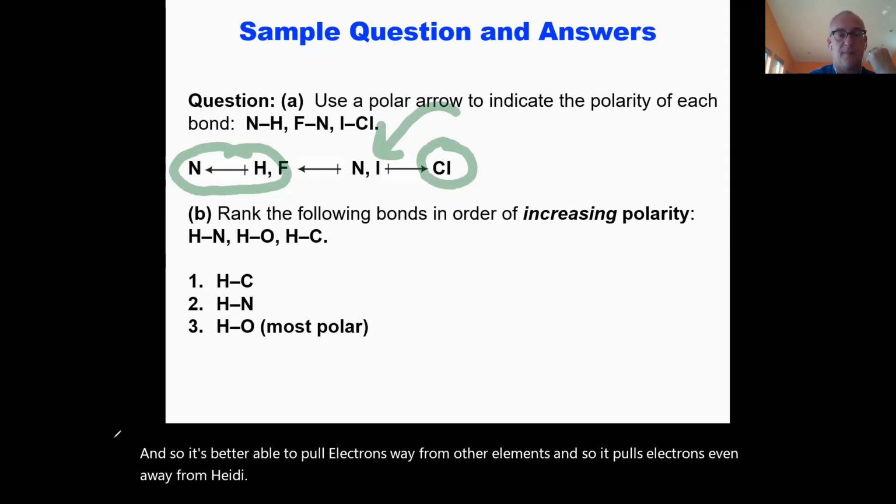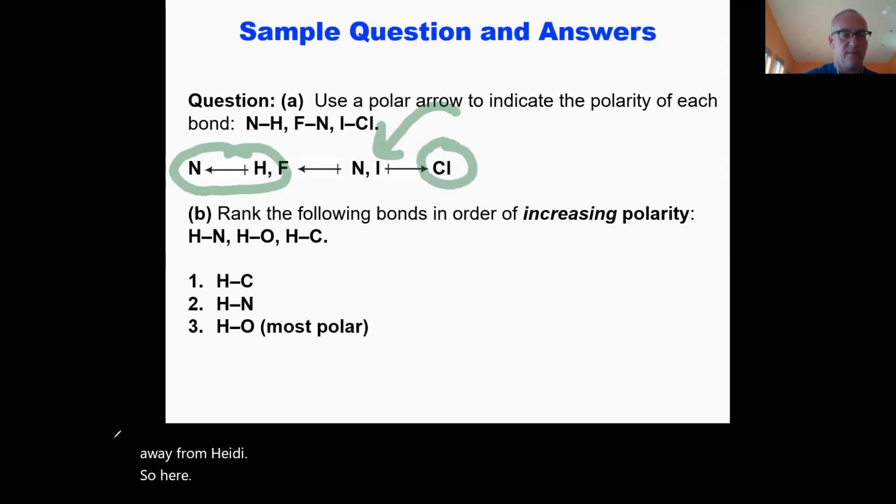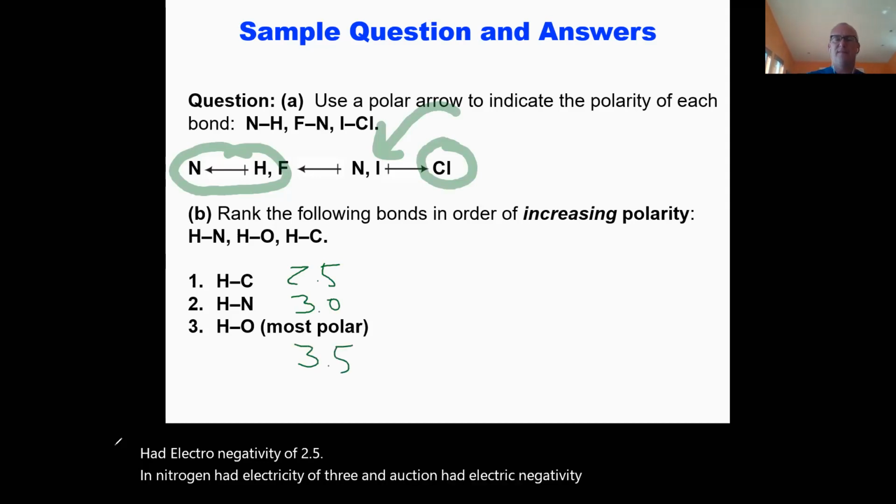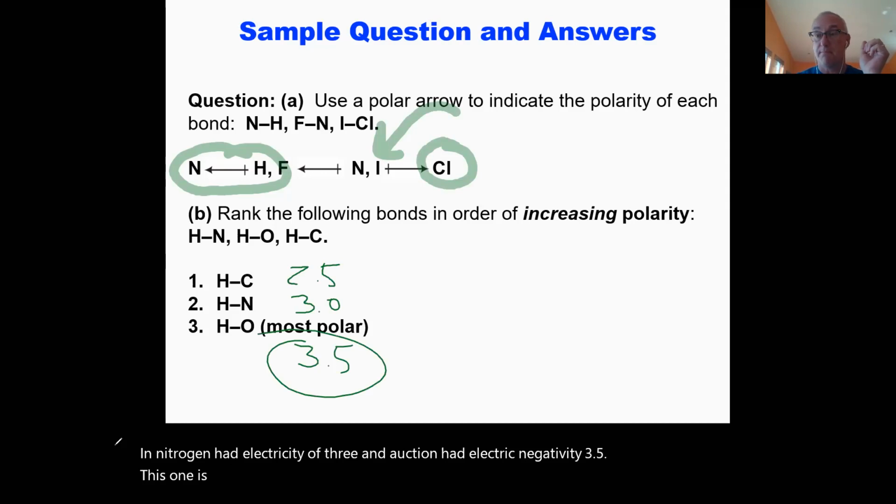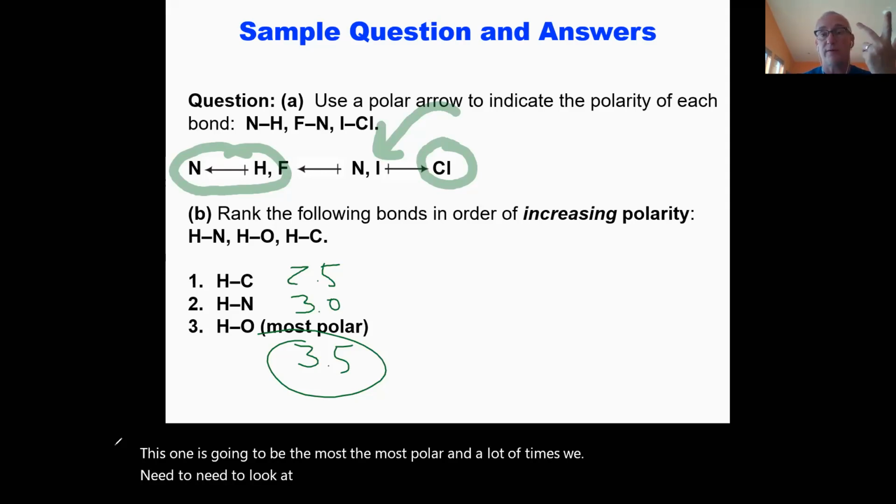So then here, since carbon had an electronegativity of 2.5, and nitrogen had an electronegativity of 3, and oxygen had an electronegativity of 3.5, this one's going to be the most polar. And a lot of times we need to look at which bonds are more polar than others.